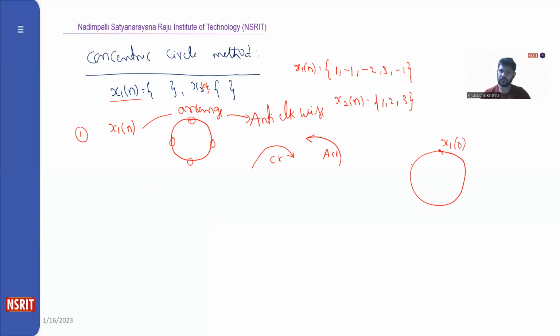That is x1 of 0, x1 of 1, x1 of 2, x1 of 3, and x1 of 4, as per the five values. So these are the values we have.